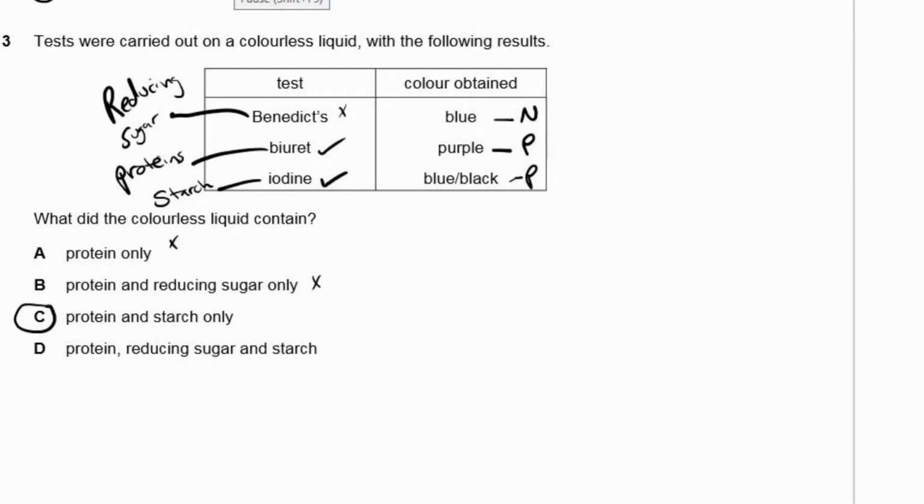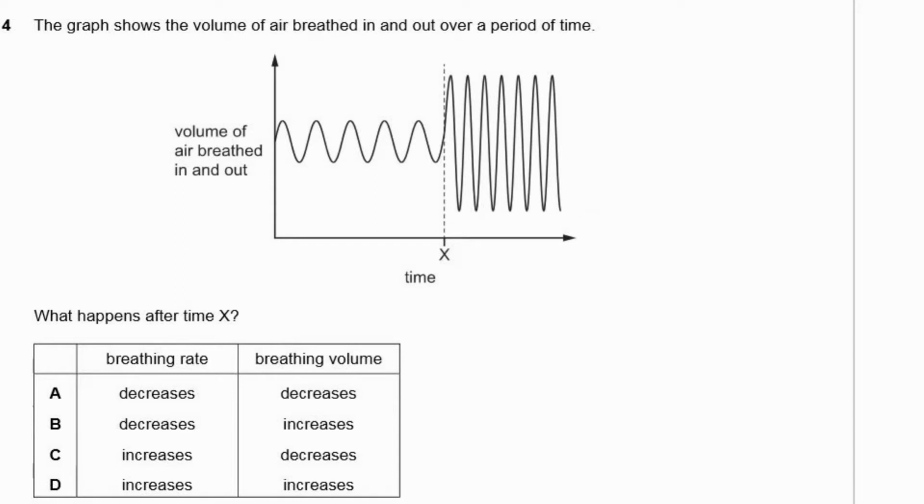Fantastic. Question 4. The graph shows the volume of air breathed in and out over a period of time. So this is somebody doing their normal breathing. Something happens at time X, and the breathing changes. At this point, what happens?